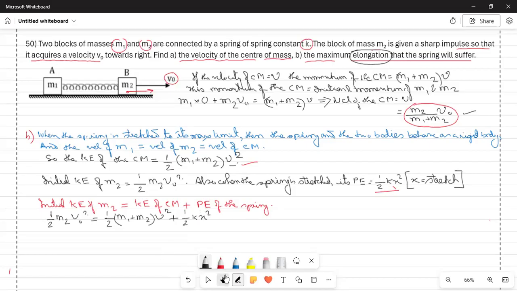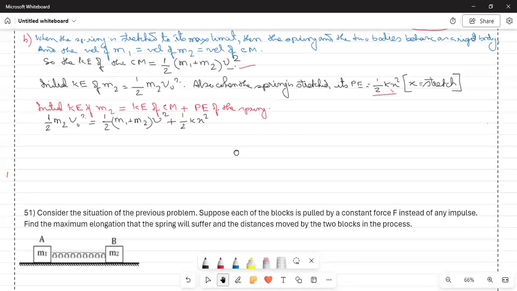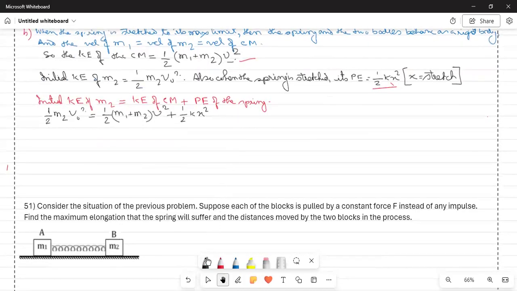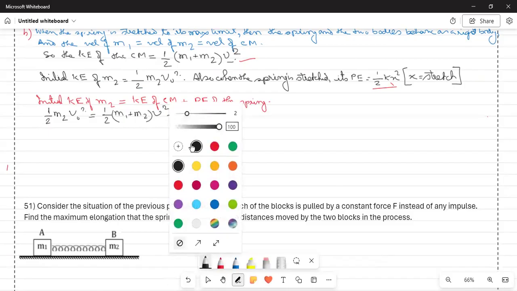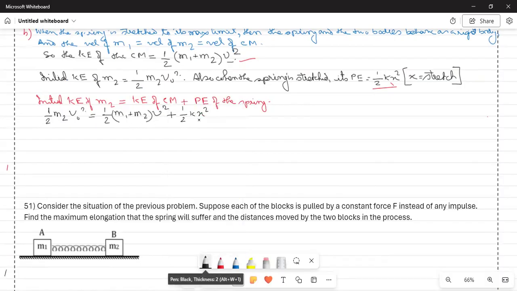So this is the basic equation which now we have to solve.